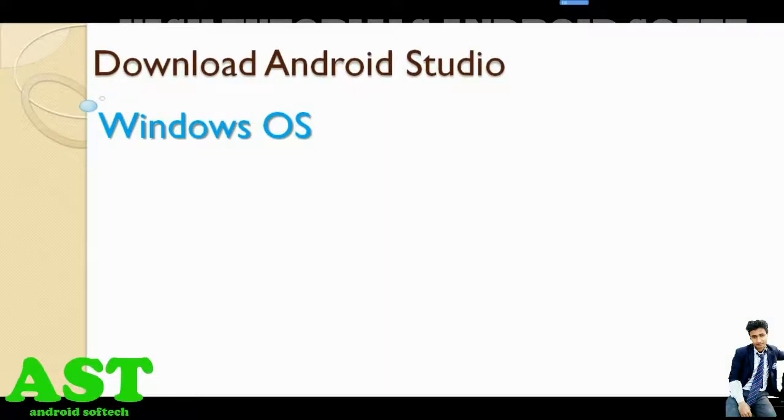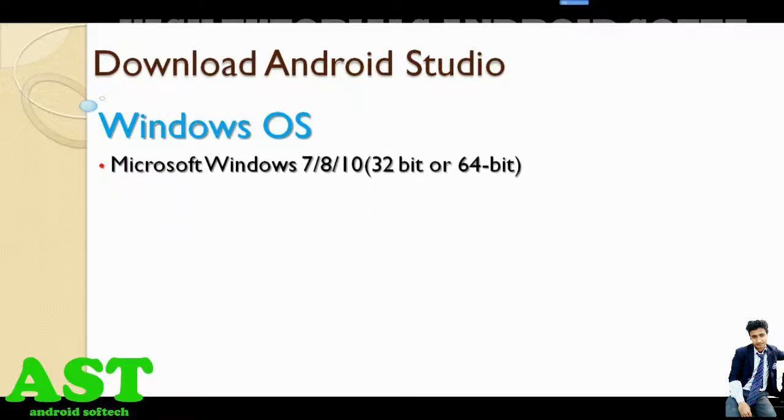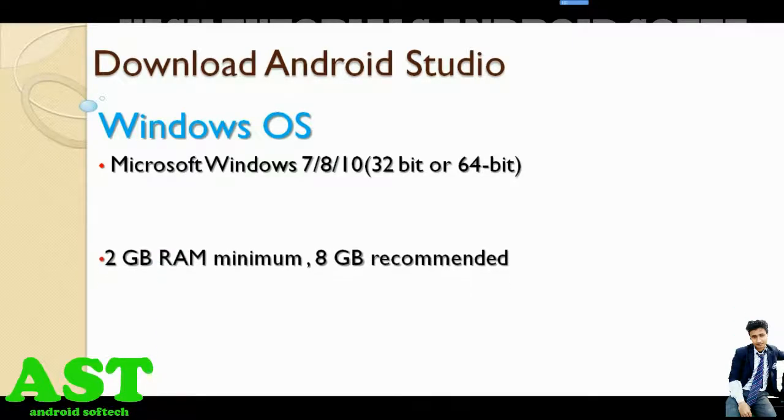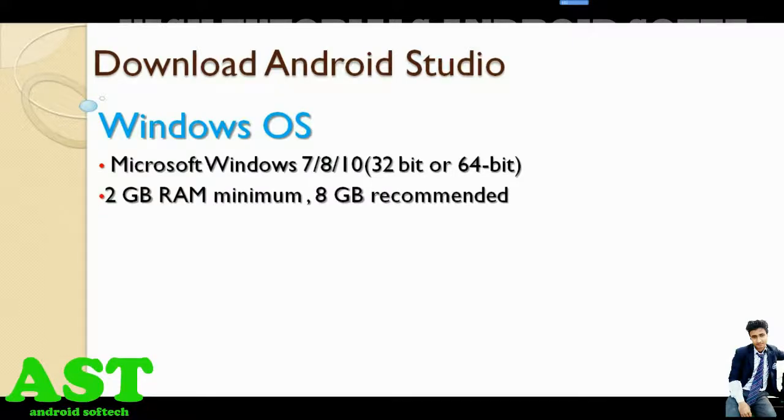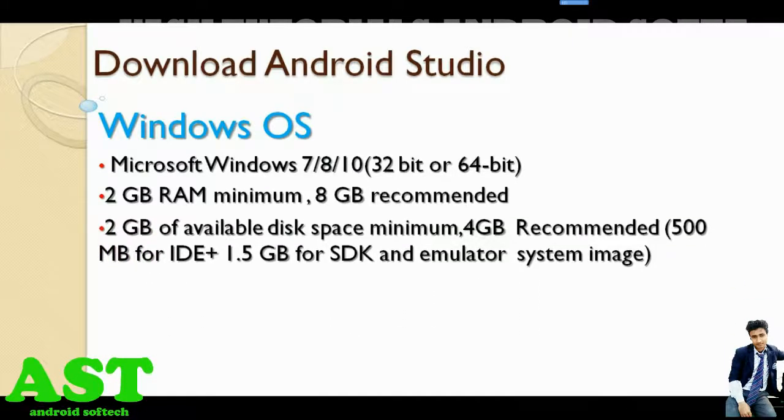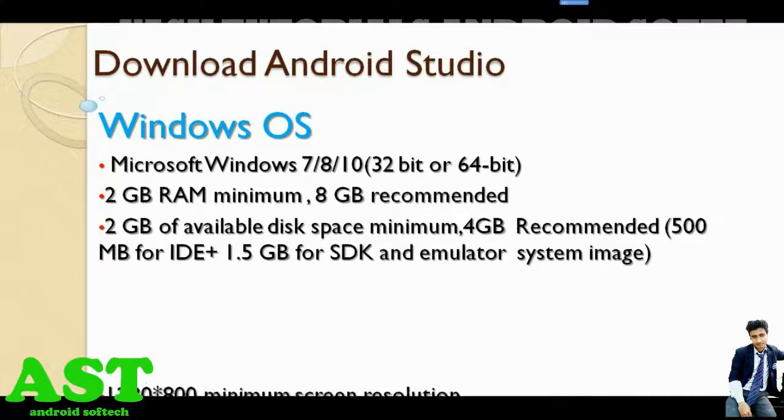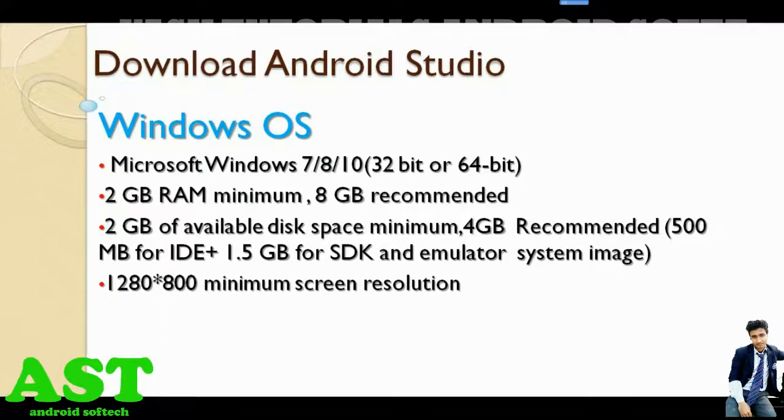Download Android Studio. Before downloading Android Studio, we have to know how it works and which requirements it needs to run on your PC. It supports Microsoft Windows 7, 8, 10, both 32-bit and 64-bit. The minimum RAM requirement for Android Studio is 2 GB, and 8 GB is recommended.